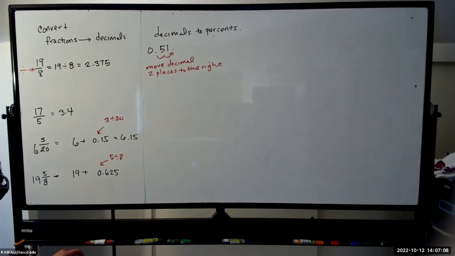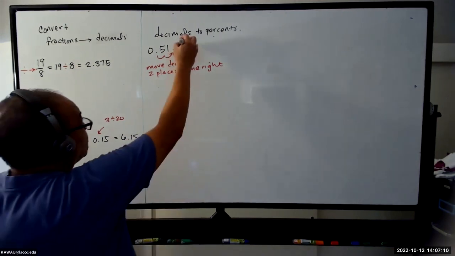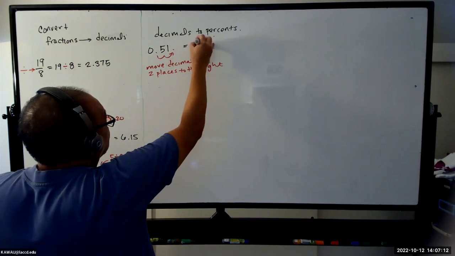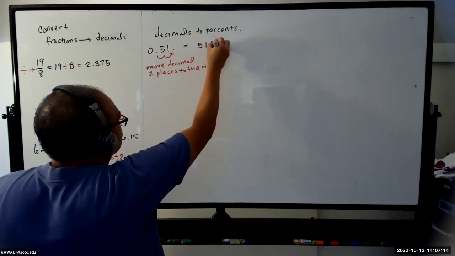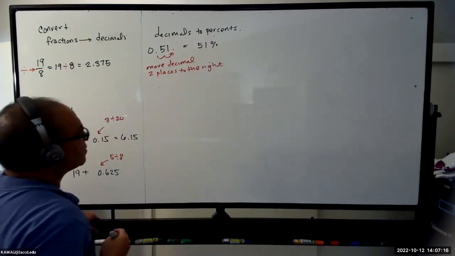So this one will turn into 51%. My decimal's over here.